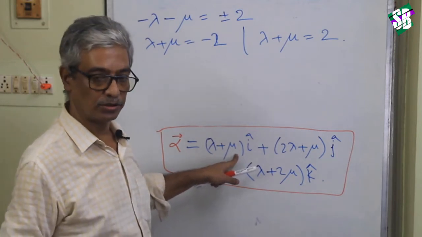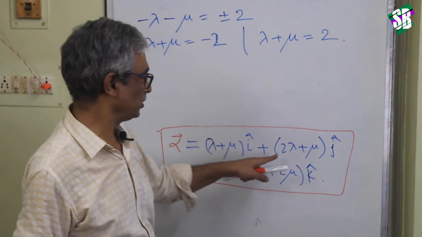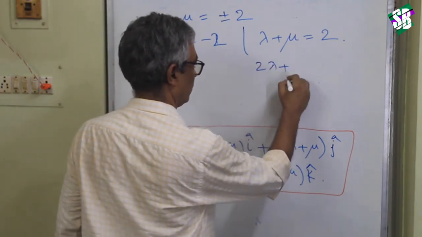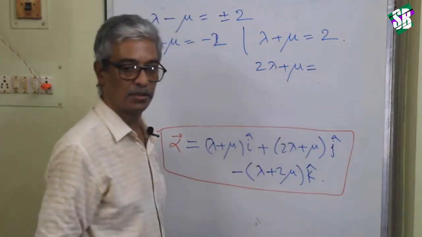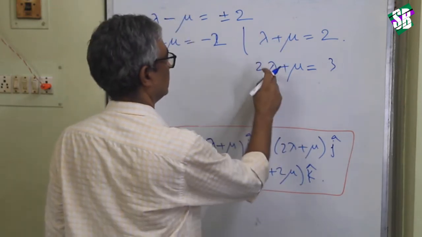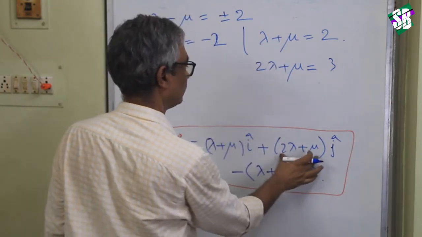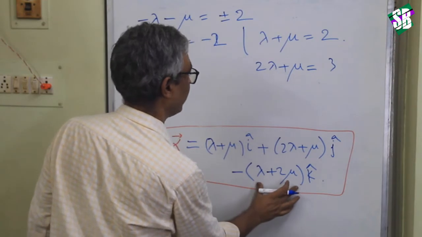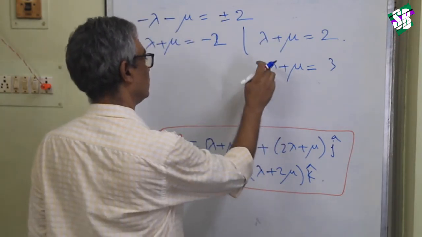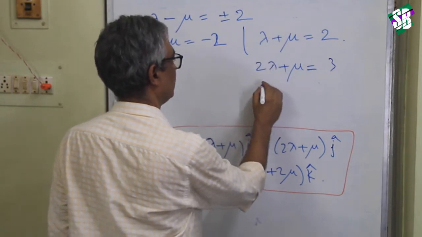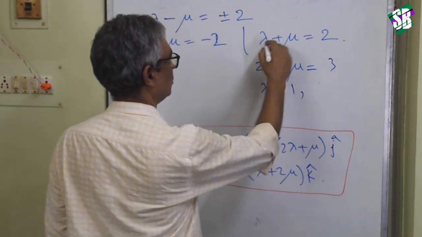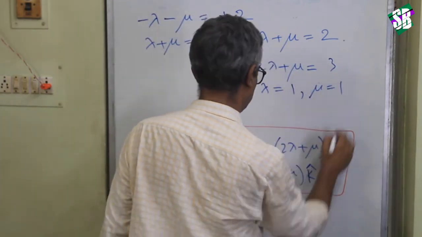There the coefficient of j cap is 3, so 2 lambda plus mu is 3, right? Now solve it. If you do this minus this, you have lambda equal to 3 minus 2, which is 1. So you have mu also 1.